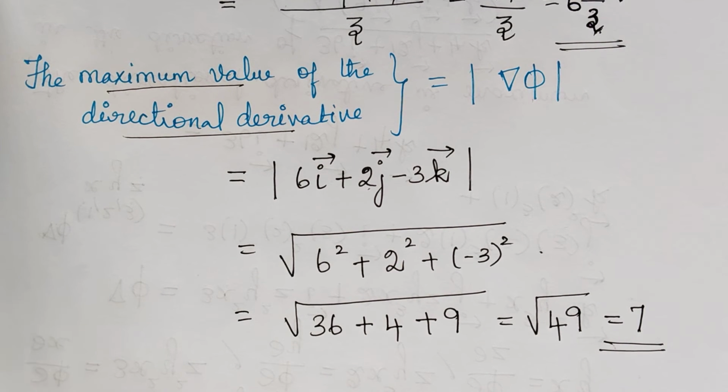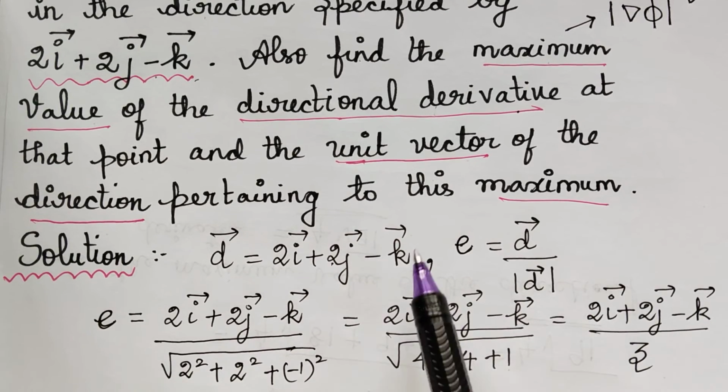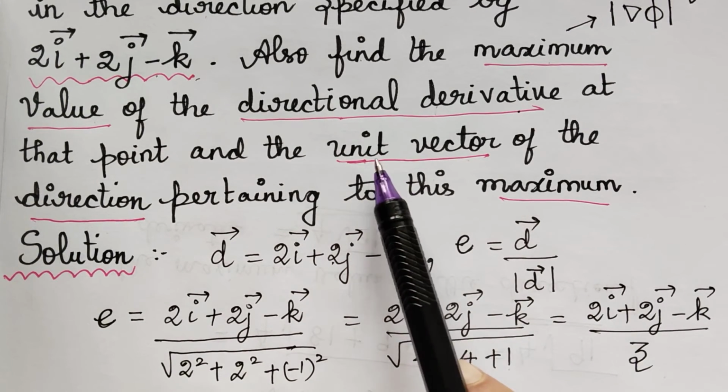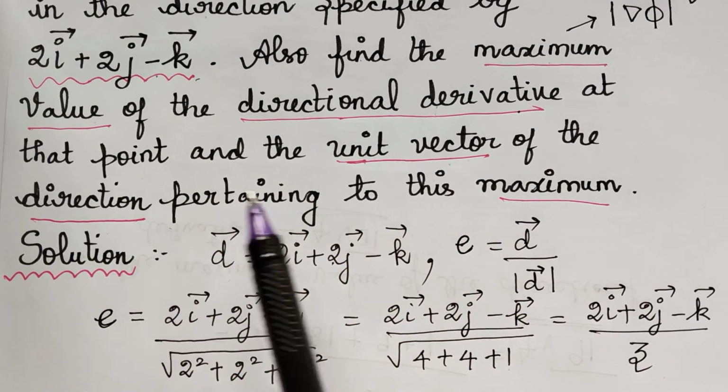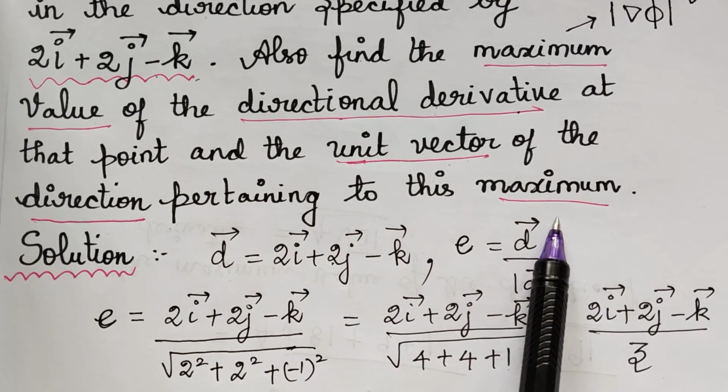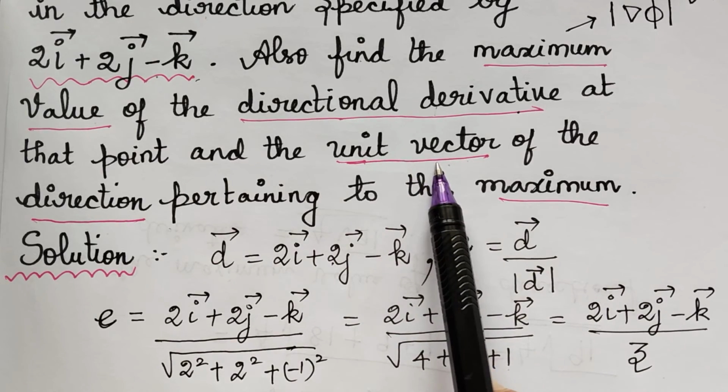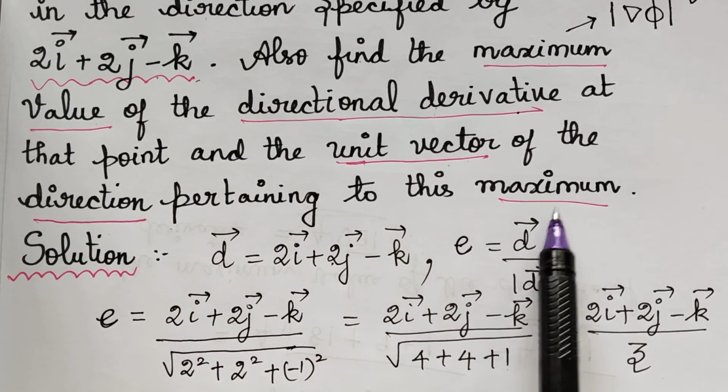Now we will move on to the next question. The third question is to find the unit vector of the direction pertaining to this maximum.